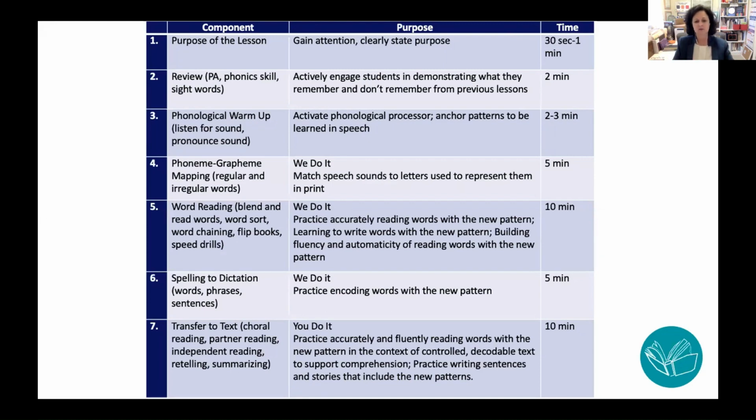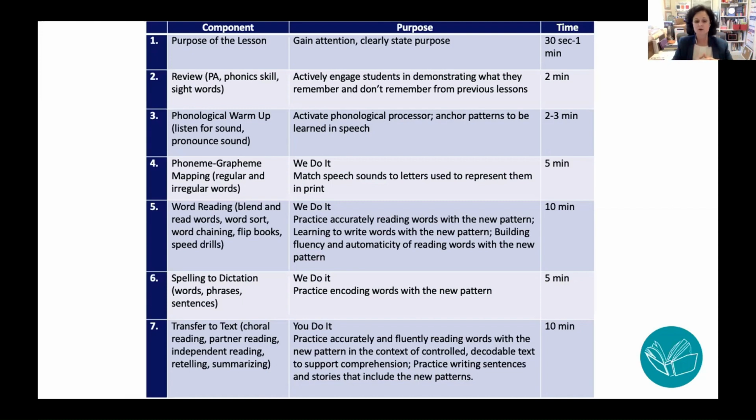Again, you make that decision based on your screening data, moving from phonemic awareness to letter sound decoding and encoding, practicing reading and writing words fluently, applying the new decoding skill in the context of text, releasing students to the you do it piece, to practice to automaticity, with some very general kinds of timeframes connected to each of those. This can be applicable across K-3. You just would swap out the skill that you're teaching.